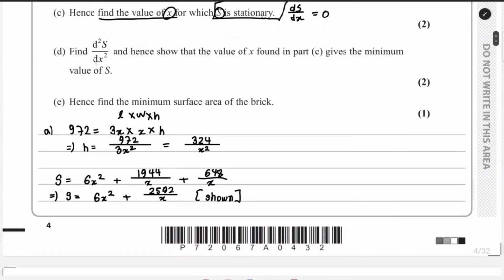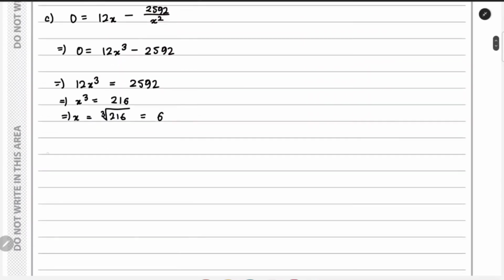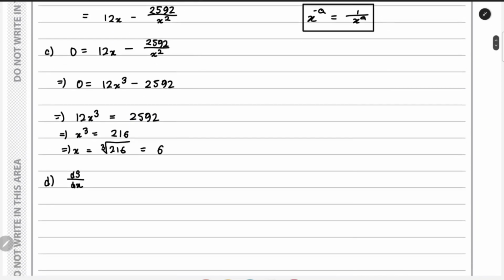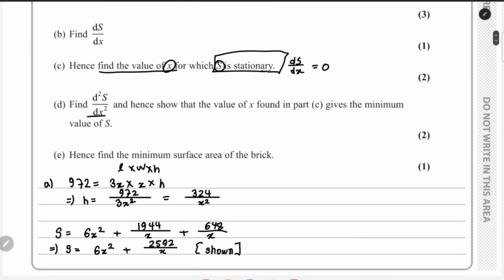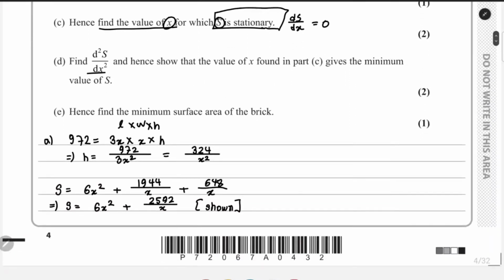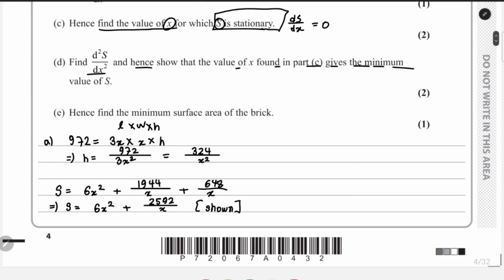Now in part D, we have to find d square s by dx square. So we have to differentiate ds by dx. ds by dx is 12x minus 2592 x to the power minus 2. We also have to show that the value of x found in part C gives us a minimum value.